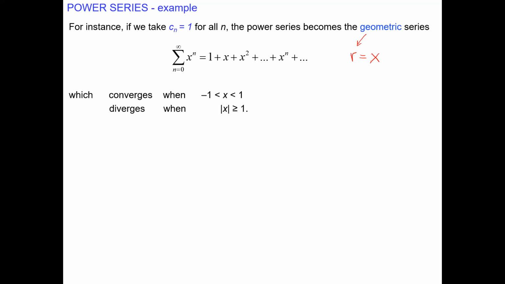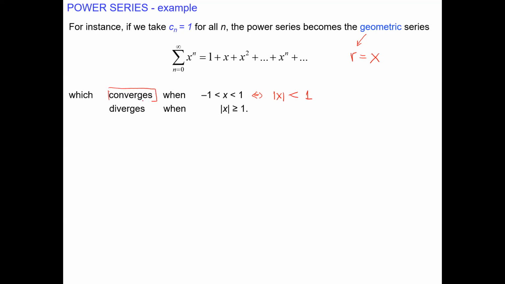And we remember from the geometric series properties that if the common ratio is between -1 and 1, or equivalently, the absolute value of the common ratio is less than 1, then this geometric series, this power series in this situation, is convergent.